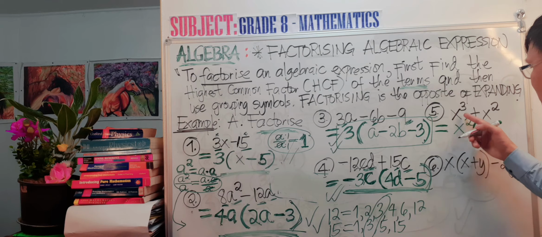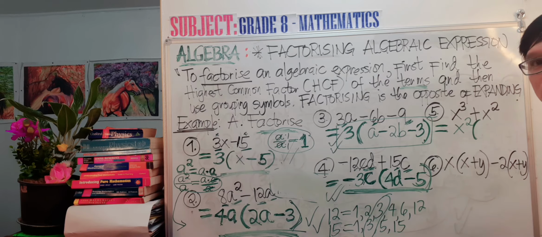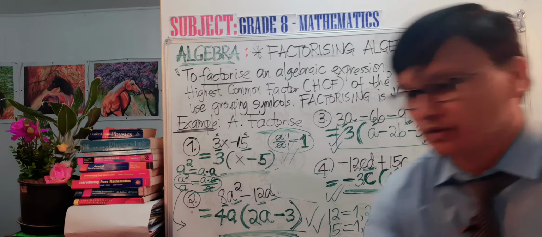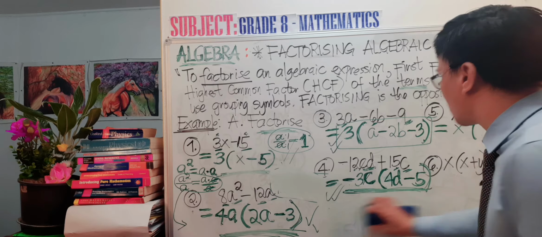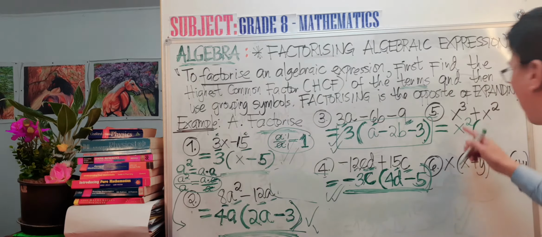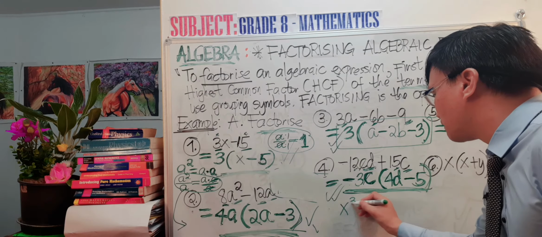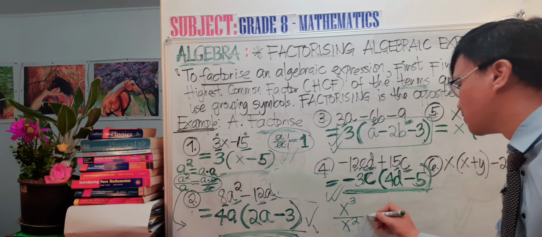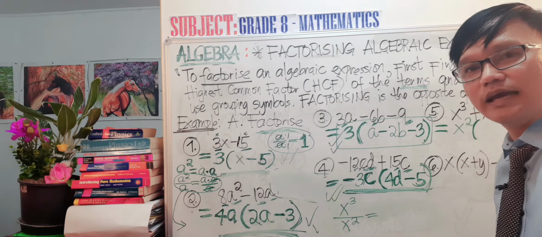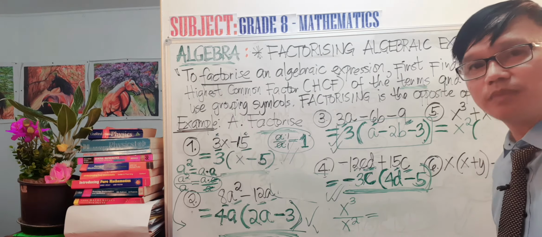Okay, next one. X cubed divided by x squared. What is the rule? Okay, let's have it here. X to the power of 3 divided by x to the power of 2.